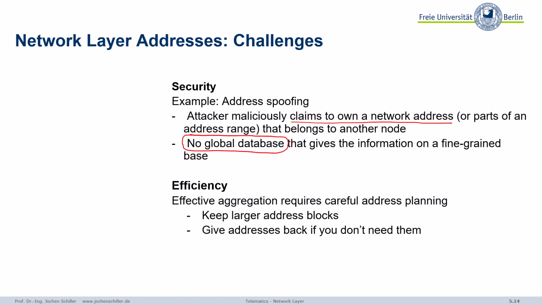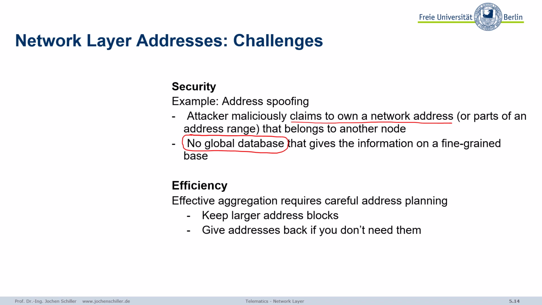What else is important? Efficiency. We'll see that, okay, we want to aggregate. But this requires address planning. So a good aggregation would be, oh, I have a large address block, so I want to keep this and then I can do whatever I want internally. The problem is this wastes a lot of addresses, and we'll come back to this when we see, okay, no more IP version 4 addresses.